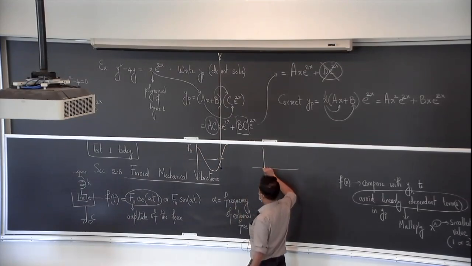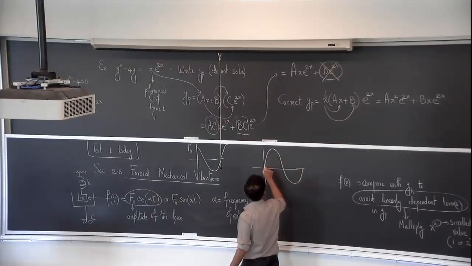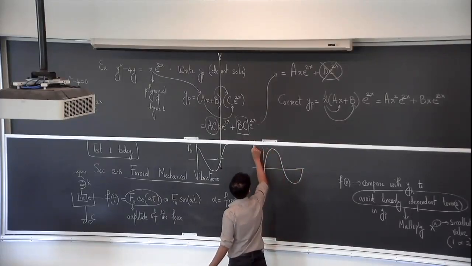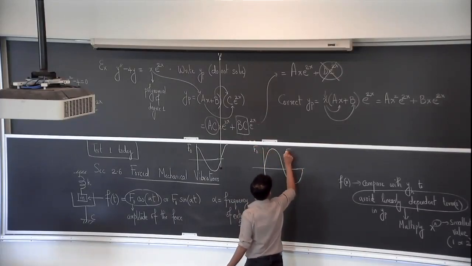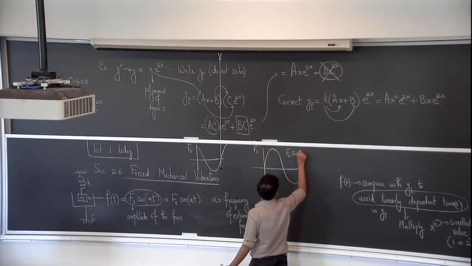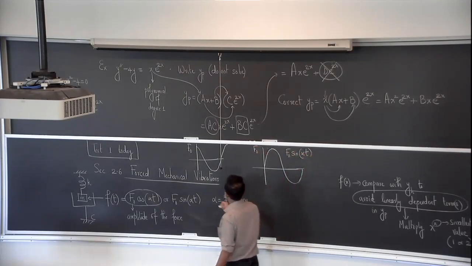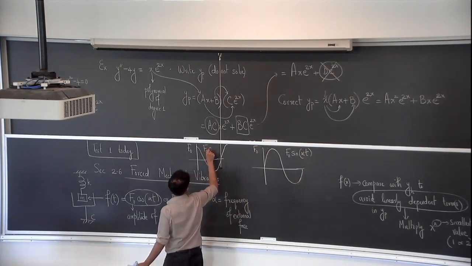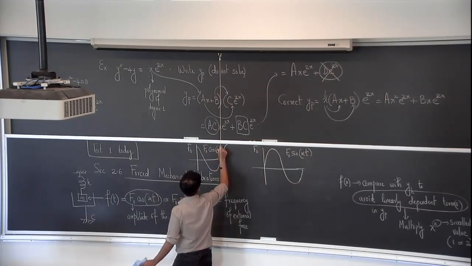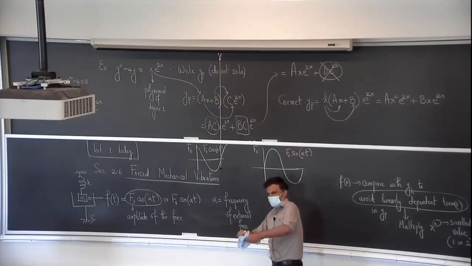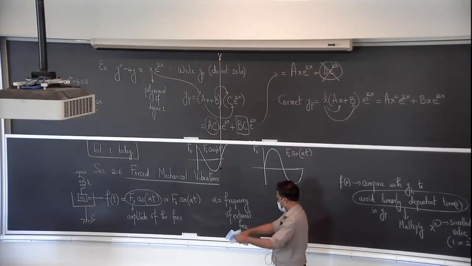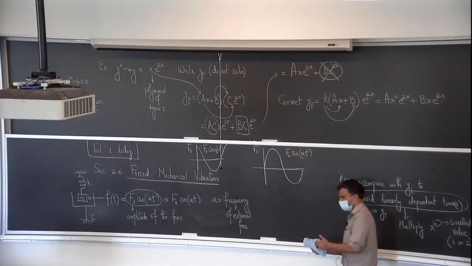So no force at the beginning for sine, and then you go up and down. This is F naught times cosine of alpha T. Alpha is just to control how slow or how fast that force is being applied.